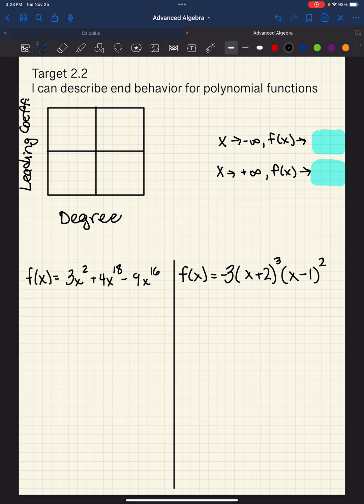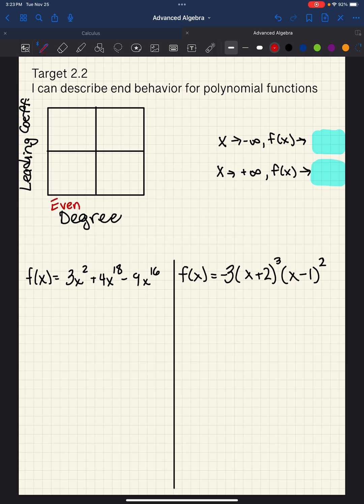First thing you need is you probably should have this box that I'm going to highlight with my laser right here. We're going to fill it in together, and it's a good idea that if you weren't quite sure, because maybe you missed the intro to it, these are the 4 possibilities our polynomial functions can look like. They fall into either an even degree.